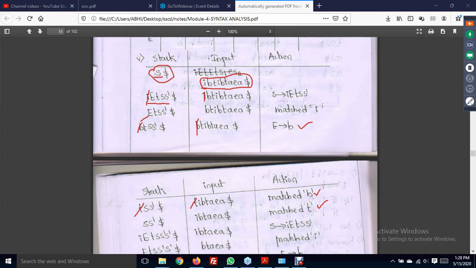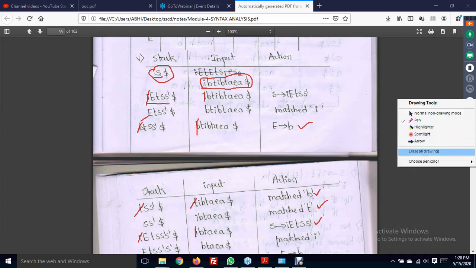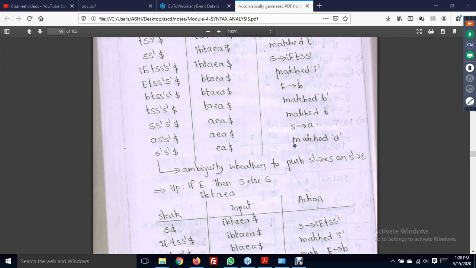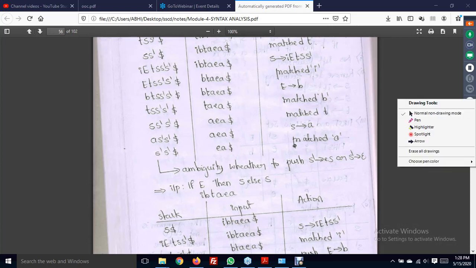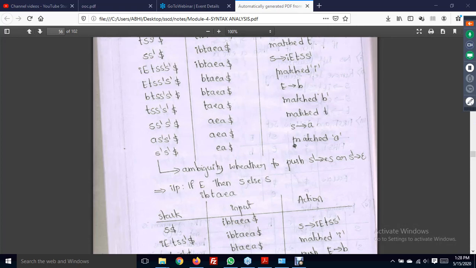So next, can I get I by using S? Of course, IETS S dash is already there. So I replace it. So I and I will be matched. Once I and I are matched, I need to move further, deleting with respect to the I. The next thing is ETS S dash dollar is what I am left with, and BTAEA dollar is what I am left with in the input.